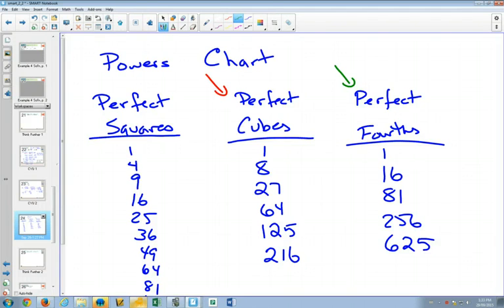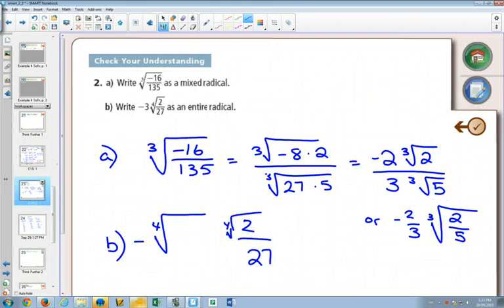And since 81 is 3 to the power of 4, that would mean that the 4th root of 81 is equal to 3. The negative still has to stay outside because you can't take the 4th root of a negative number, just like you can't take the square root of a negative number.